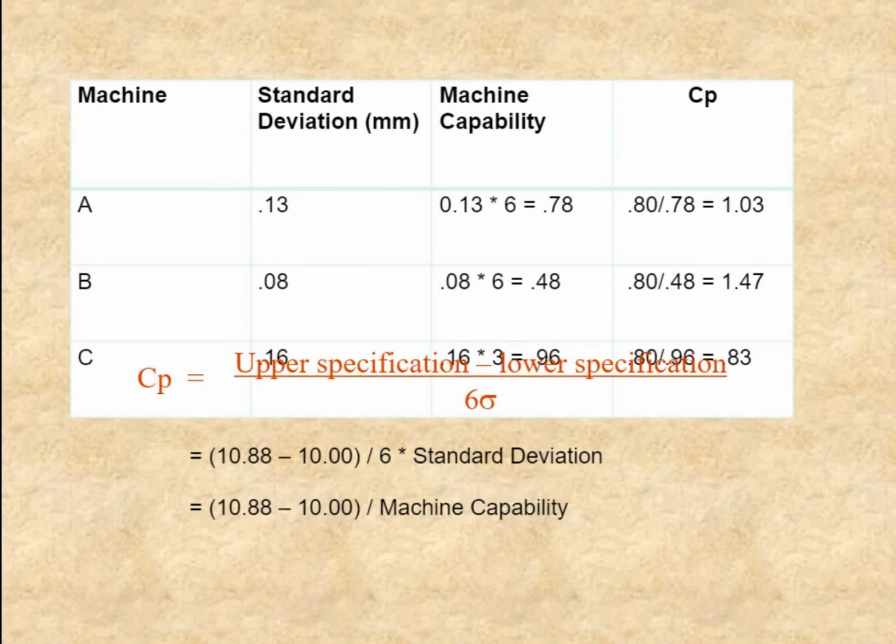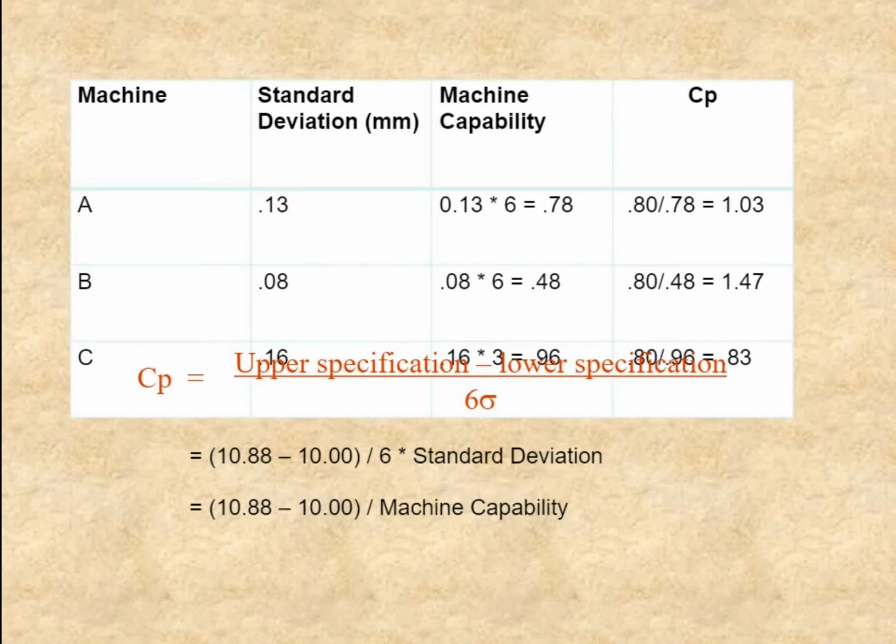The formula is like this: upper specification, 10.8, minus lower specification, 10, divided by 6 sigma, or machine capability. We know that machine capability equals 6 times standard deviation. So 10.8 minus 10 equals 0.80.